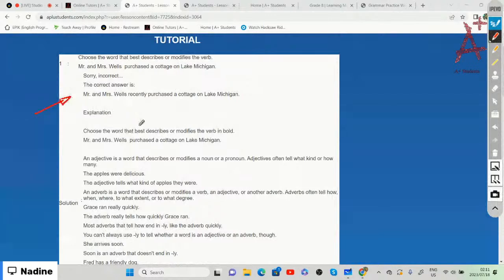We need to choose between recent or recently in order to choose the best word to describe or modify the verb. So is it, Mr. and Mrs. Wells recent purchased a cottage on Lake Michigan, or they recently purchased a cottage on Lake Michigan? We need to choose the correct one.